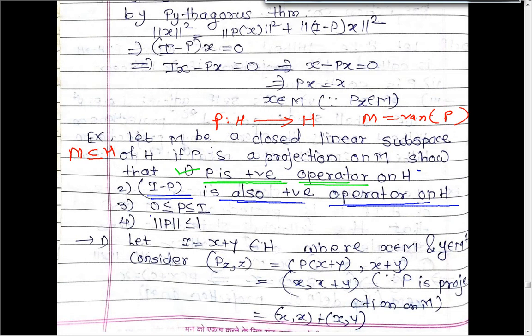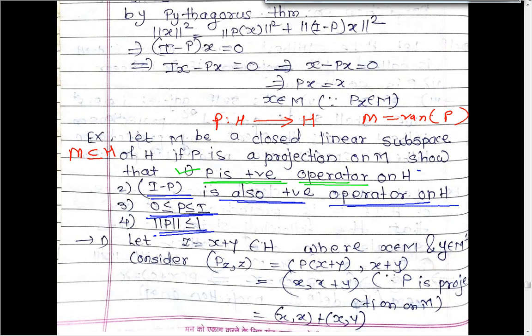Third is that 0 is less equal to P is less equal to I. We will interpret this once we prove it. And finally, we have to prove that norm of P is equal to 1. Norm of P is less equal to 1. So let us prove these properties one by one.